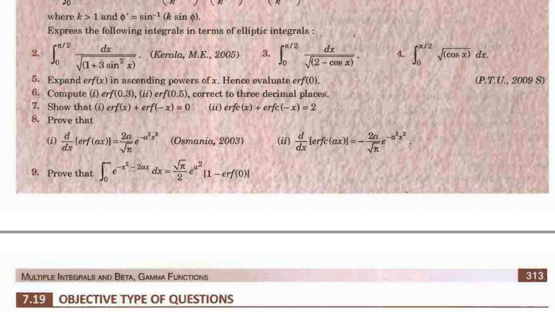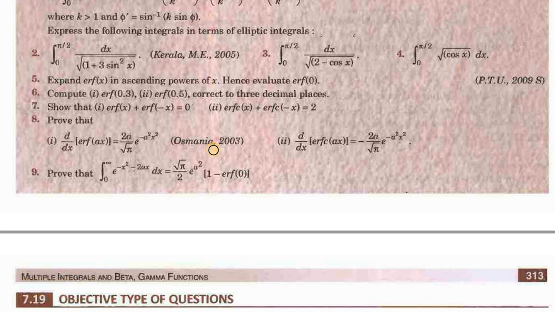You see here, it's a very important question. Find the derivative of the error function at ax, that is 2a by root pi e to the power of minus a square x square. It has come in Osmania in 2003. Not only 2003, it has come several times. Now I'll write the question on the board.